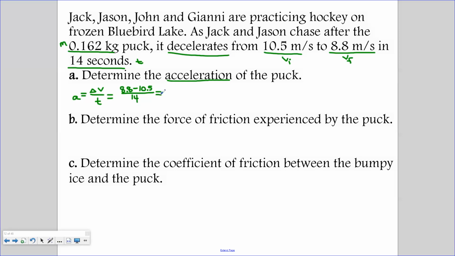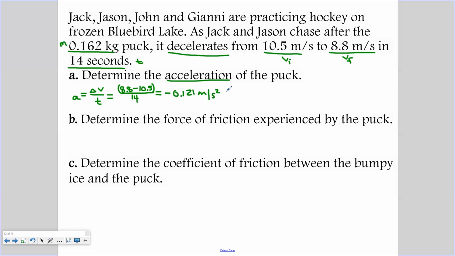So remember, if you're going to do this in one step in your calculator, the top needs to go in parentheses because that's all in the numerator. Okay, so 8.8 minus 10.5, all divided by 14, gives us an acceleration of negative 0.121 meters per second squared.